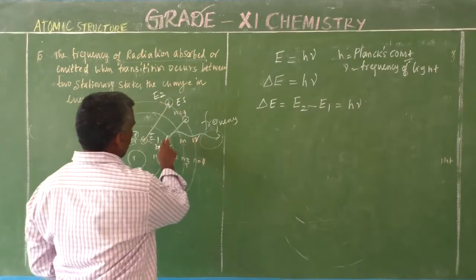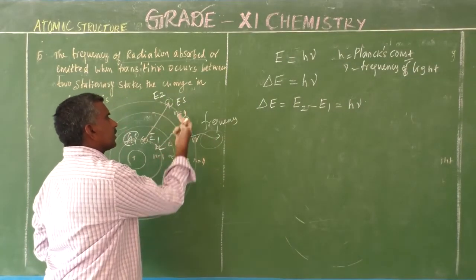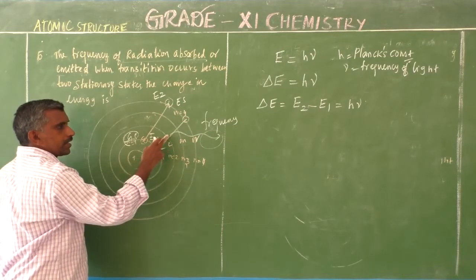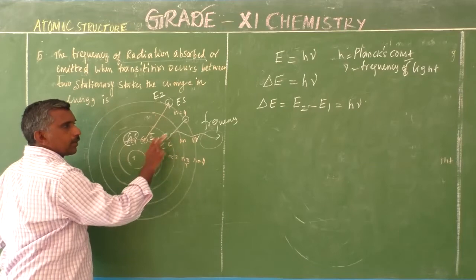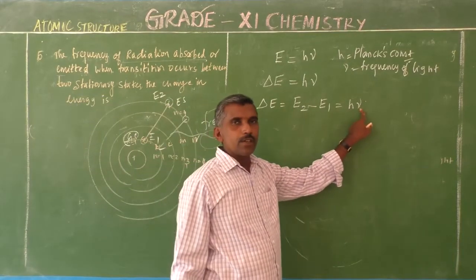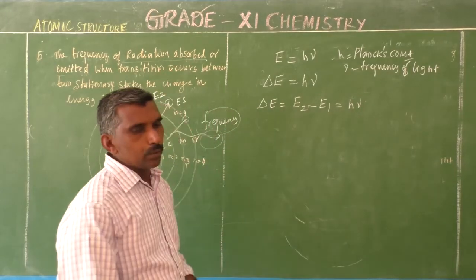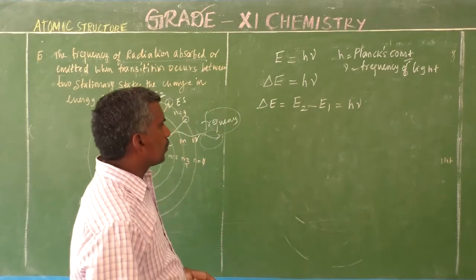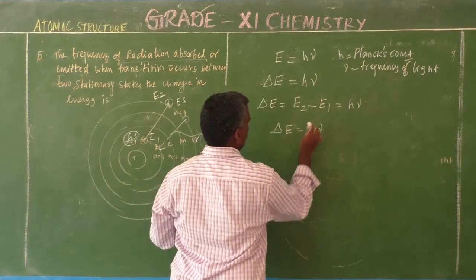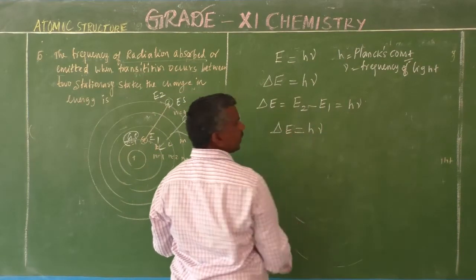Nu is the frequency of light. When an electron jumps from a higher state to a lower state, this energy is released in the form of light. That light frequency is nu. Delta E is equal to h nu.